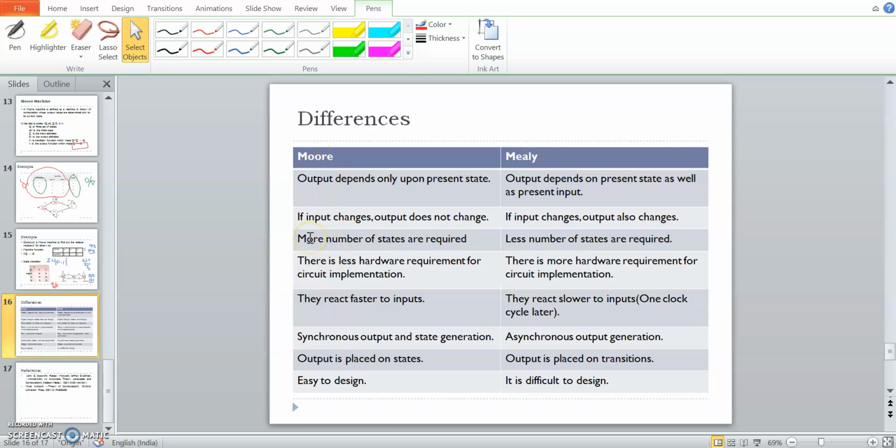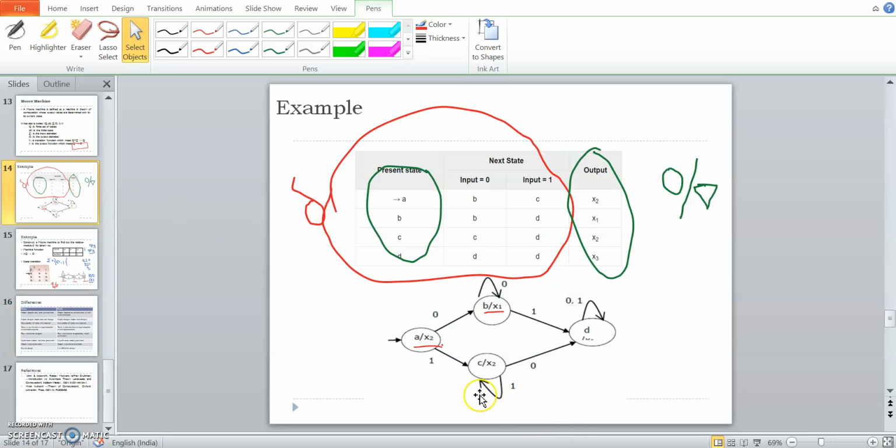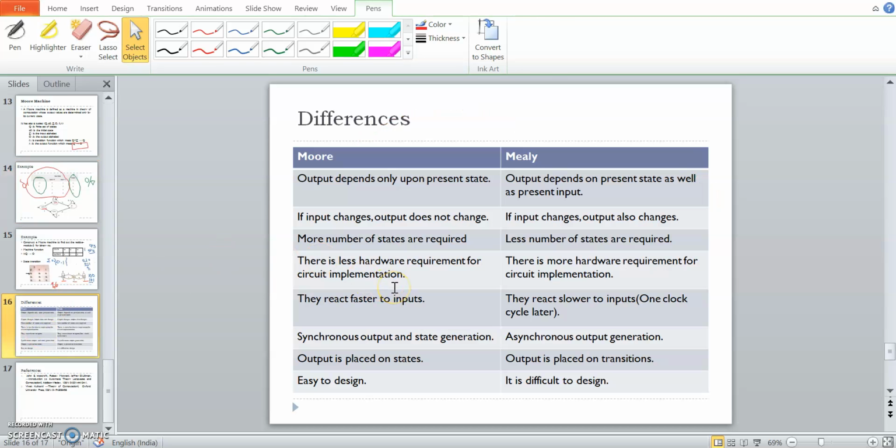More number of states are required in the Moore machine. Why? As we know, output is associated with the state. That means however many outputs there are, that many minimum states are required. In the earlier example, we have seen the same output can be related with multiple states. So I think you understood that more states are required in the Moore machine, whereas fewer states are required in the Mealy machine.